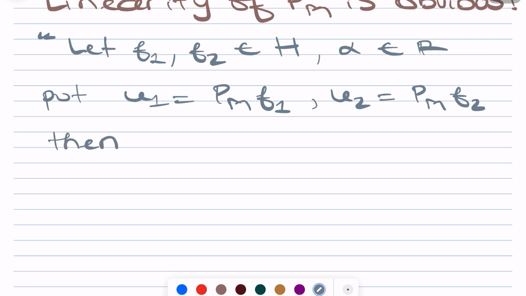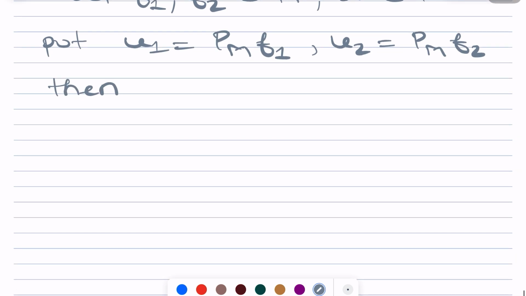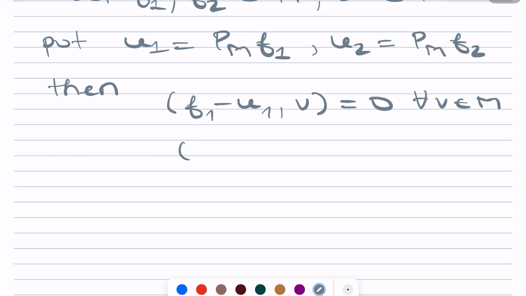by the characterization of projection, we have the scalar product of f1 minus u1 comma v equal to 0 for every v in M, and we also have the same thing for u2, with f2 minus u2 comma v equal to 0, but I can even multiply it by alpha, so I can write directly alpha f2 minus alpha u2 comma v.